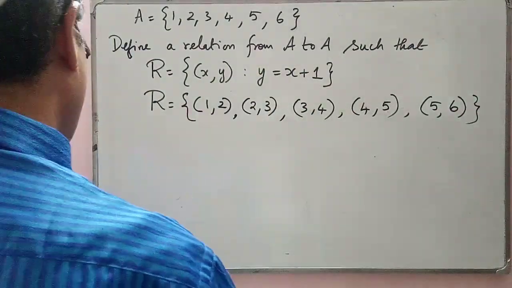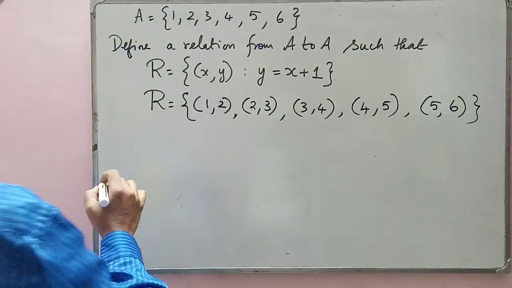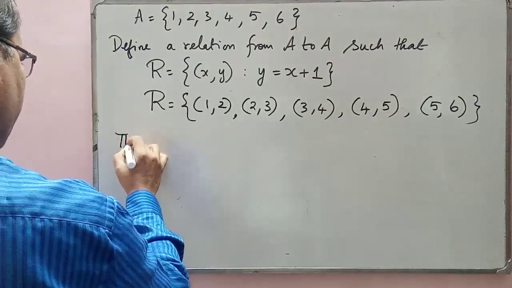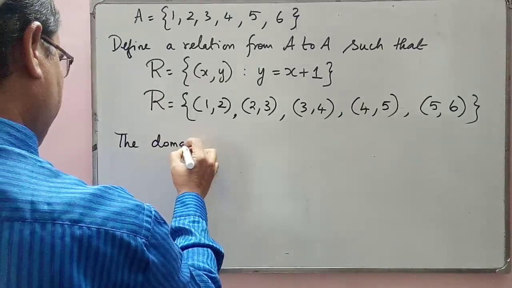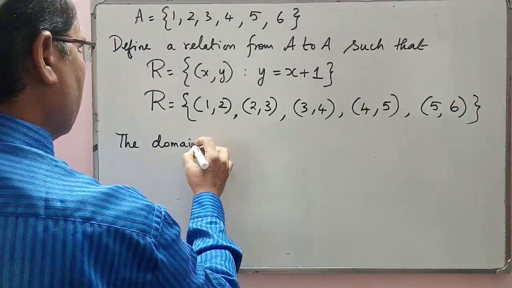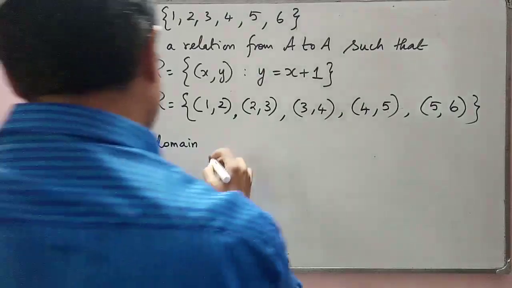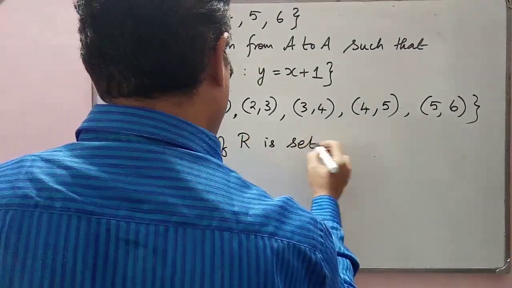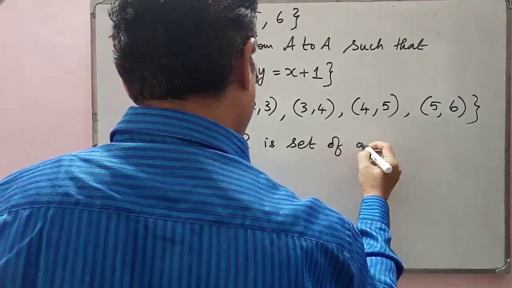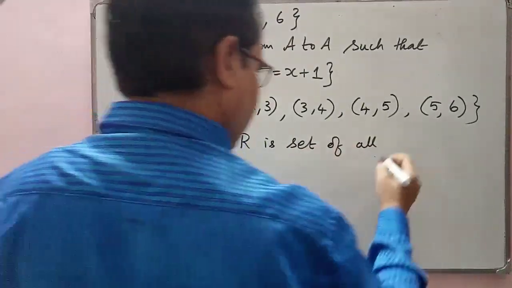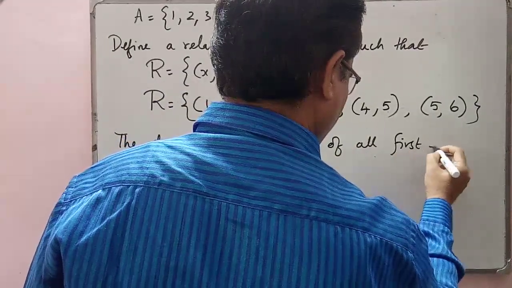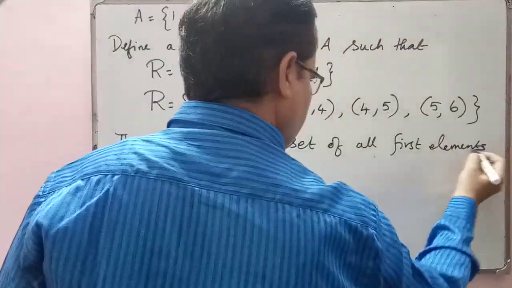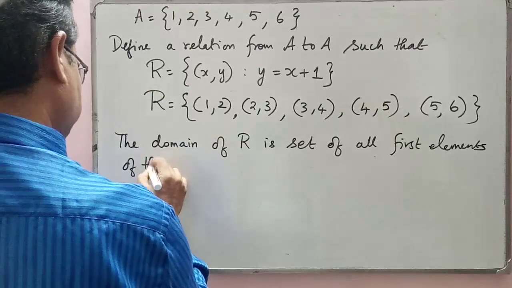Okay, children. Now some terms we will know. The domain of R is the set of all first elements of the ordered pairs.